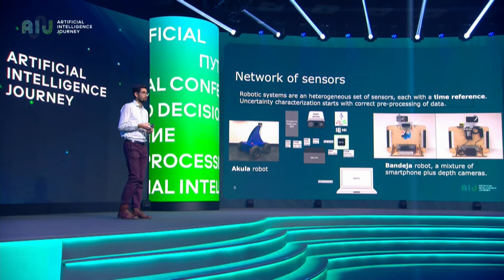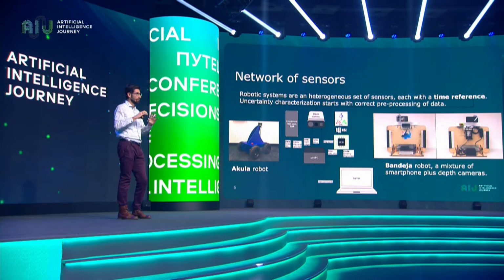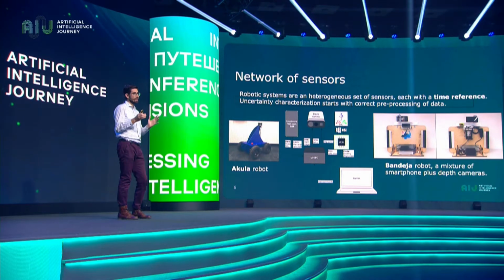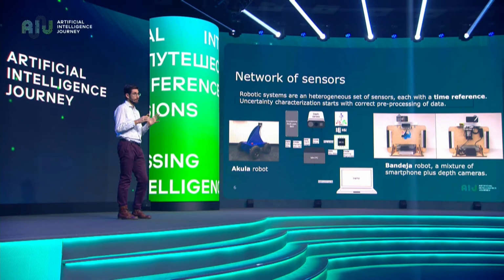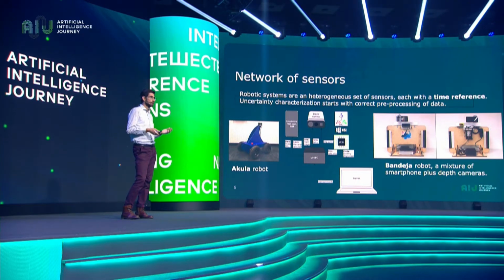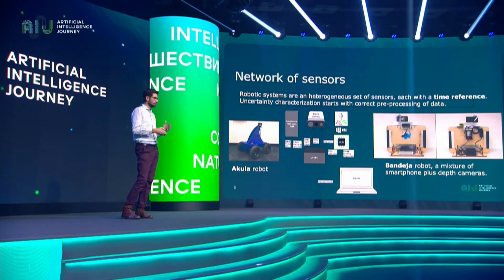And we have another example of maybe not a robot, but a kind of sensor network, that is this bandeja robot. What we have here inside is also a set of sensors. In this case, we were very interested in investigating smartphones as raw sensors, not industrial cameras that you can buy and deploy. But the idea was, okay, let's use smartphones because these are massively available for everyone.